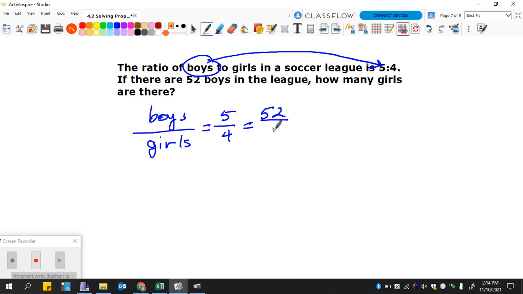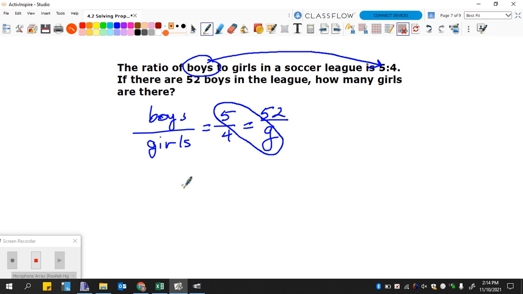Well, we don't know. So instead of using an X, let's use G for girls. Here we start using some of that algebra that we've learned in the past, and we're going to cross multiply. I always like to multiply the cross product that includes the variable.